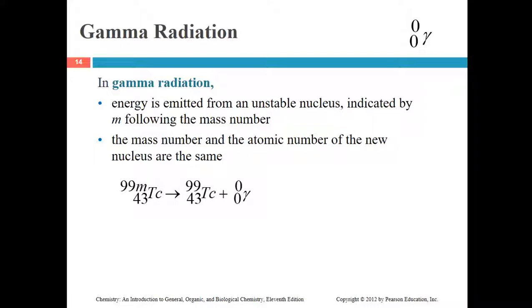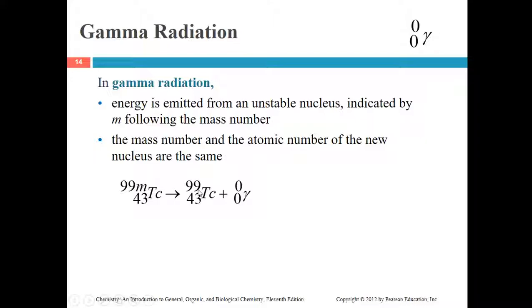Now, gamma radiation: energy is emitted from an unstable nucleus, indicated by the letter m, kind of standing for metastable, following the mass number. The mass number and the atomic number of the new nucleus are the same. So you'll notice that the only difference here is it doesn't have the m after it.